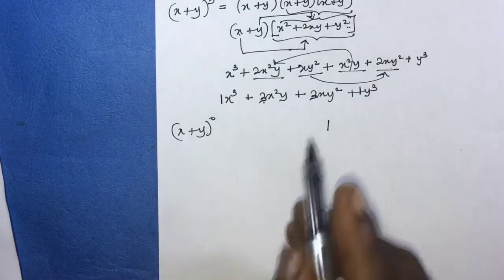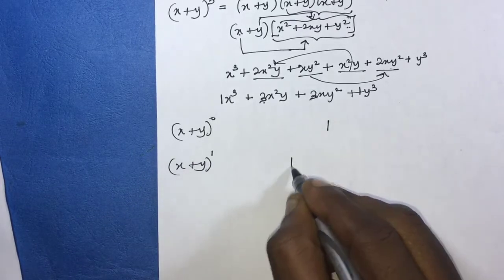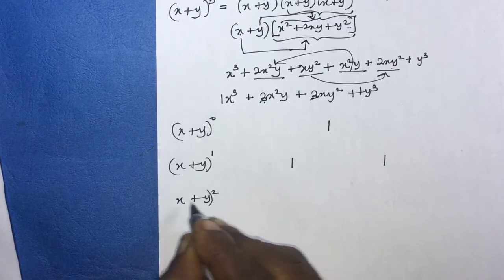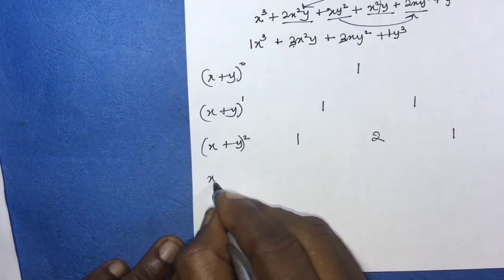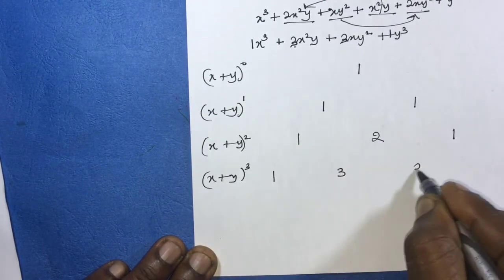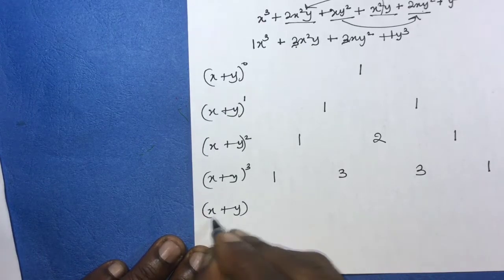When this binomial carries power 1, we are going to write 1 and 1. When it carries 2 as its power, 1, 2 and 1. When it carries 3 as its power, 1, 3, 3 and 1. We are going to write when it carries 4 as its power.